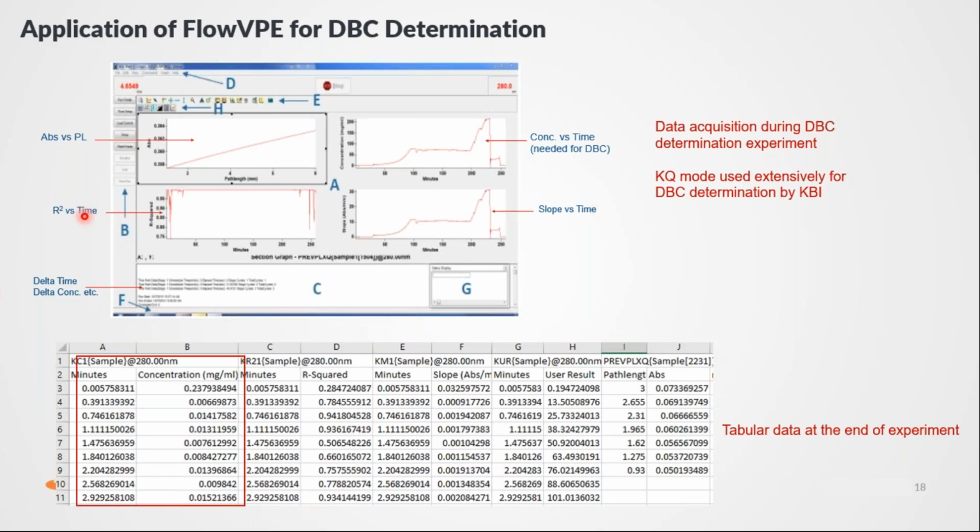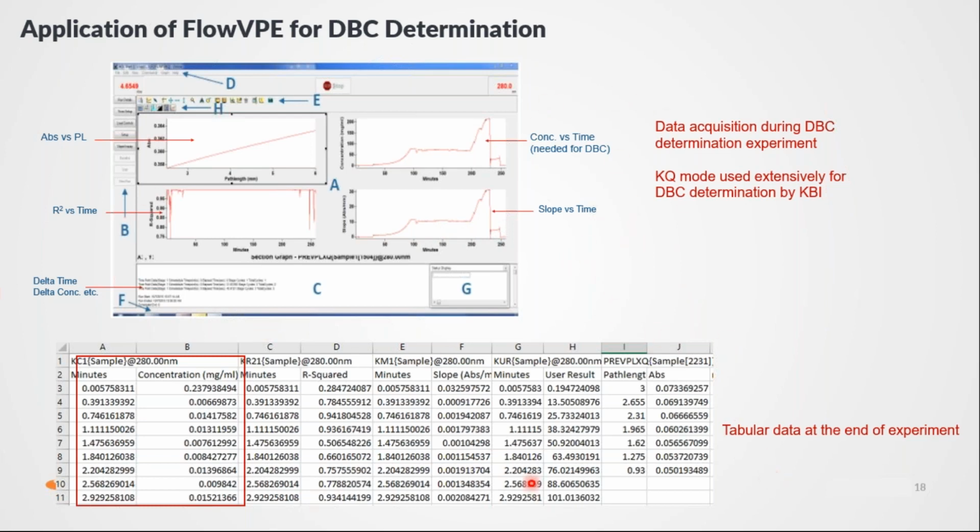And then there is also R square versus time data. R square is basically a factor which tells us how accurate the readings are and how well your system is performing. And then there is slope versus time. So this is how the data is acquired.